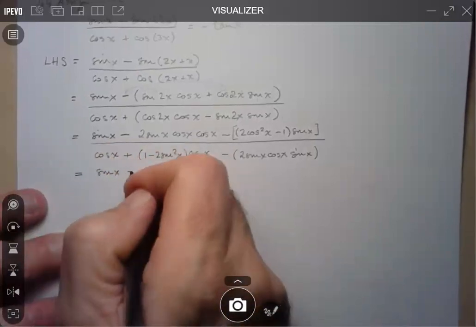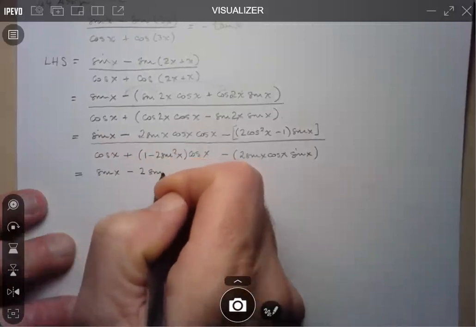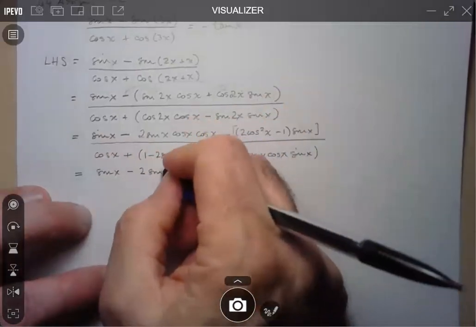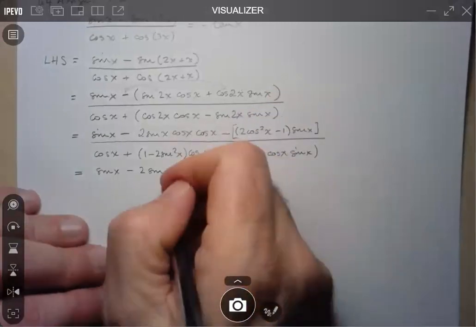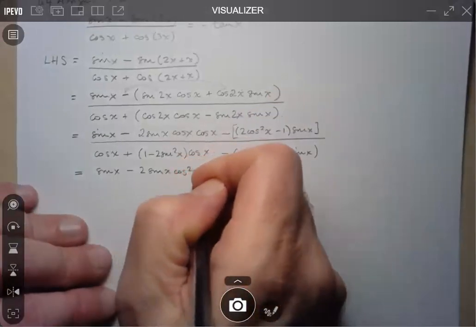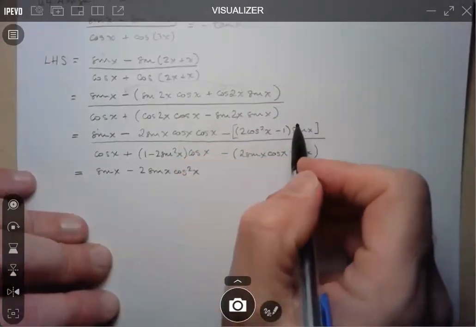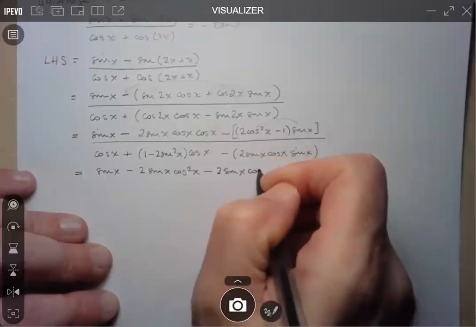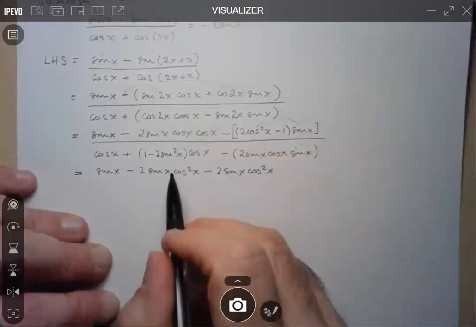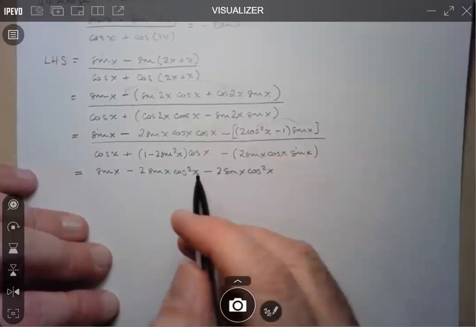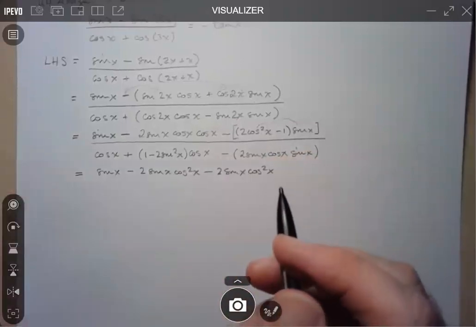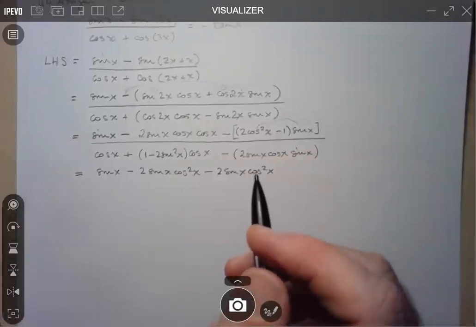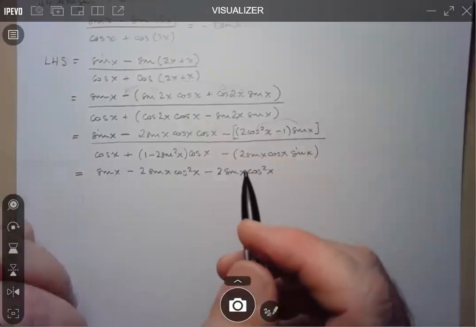All right, so now let's try to clean this up here and hope that things work out nicely. So here we've got minus 2 sine x cos squared x. Here we have a minus 2 sine x cos squared x. So not as nice as before. They're not canceling out, but at least we know we can bring them together.